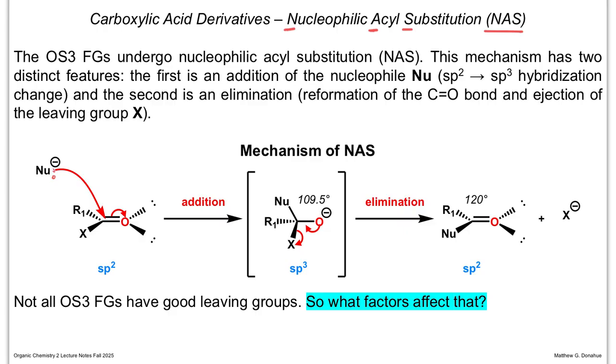So we know that a nucleophile can attack a carbonyl carbon. It will break the CO pi bond. When that happens, the carbon changes hybridization from sp2 to sp3.